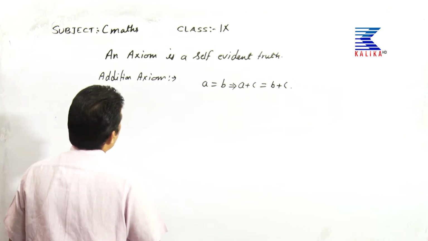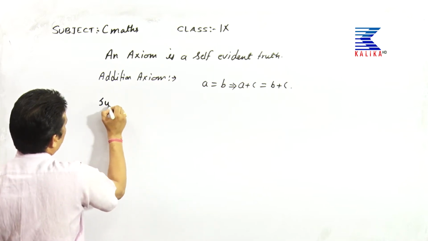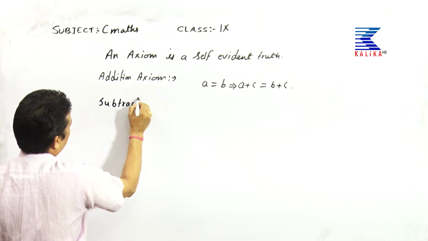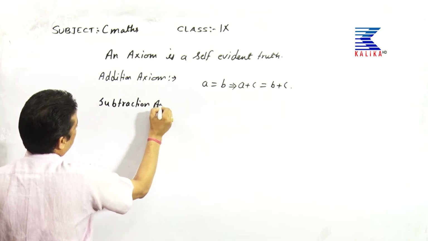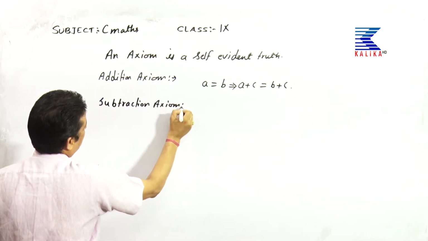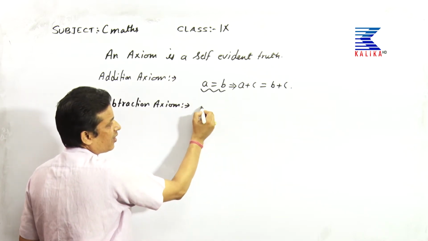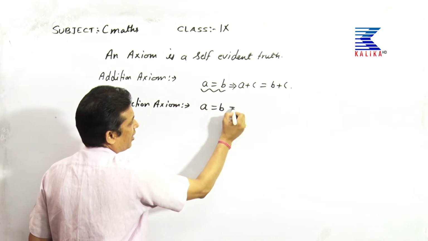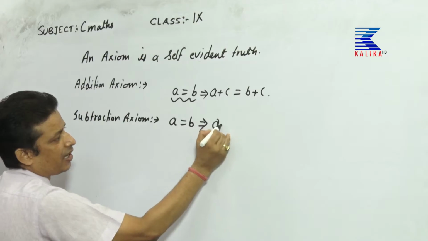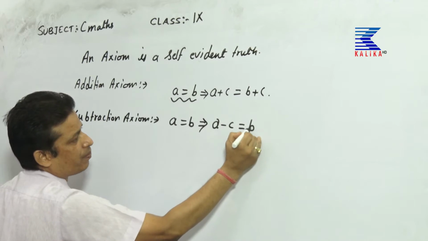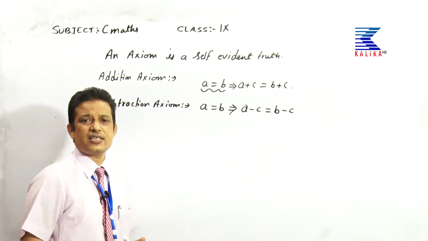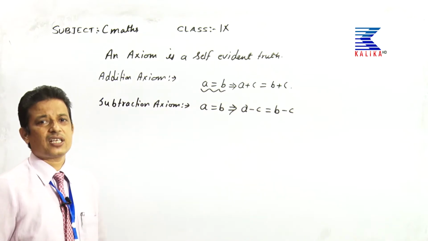Similarly, the subtraction axiom. Subtraction axiom means, let me take the same example: if A is equal to B, it implies A minus C should be equal to B minus C. This is known as the subtraction axiom.